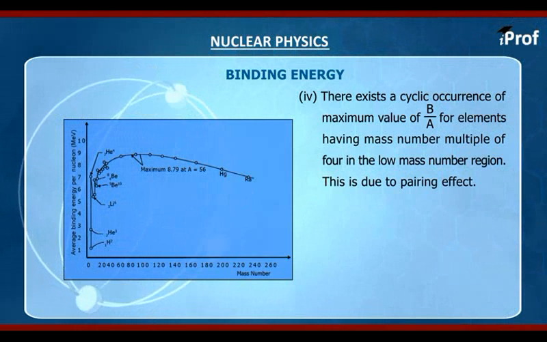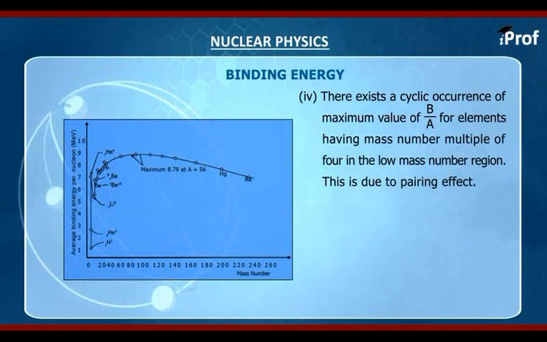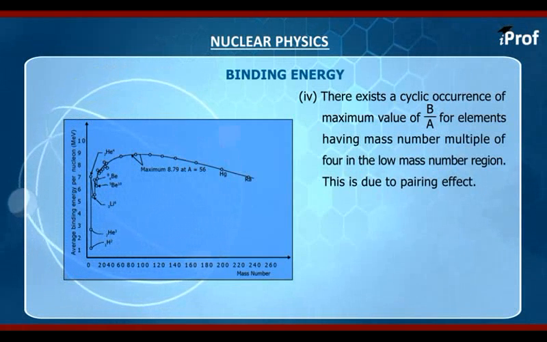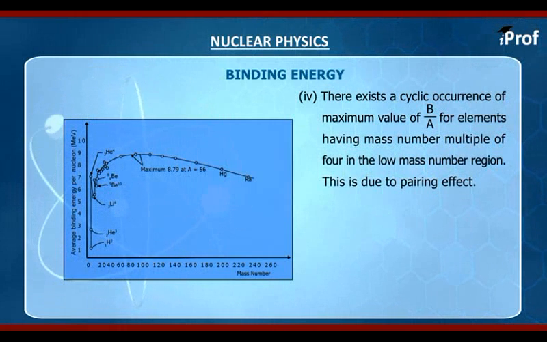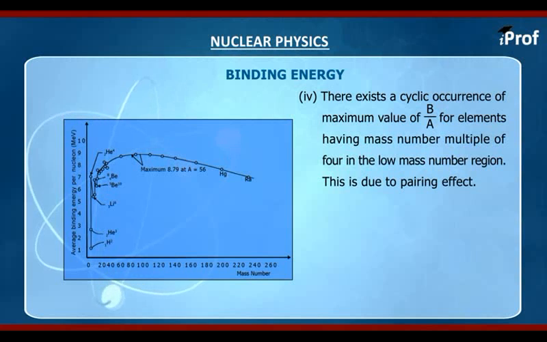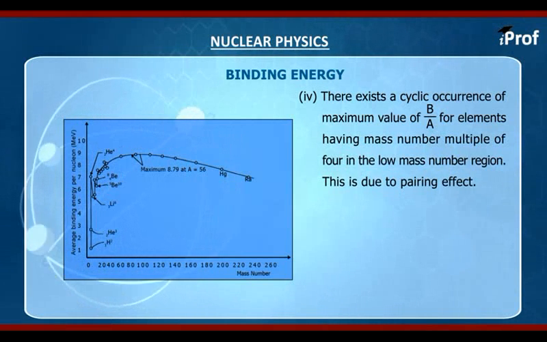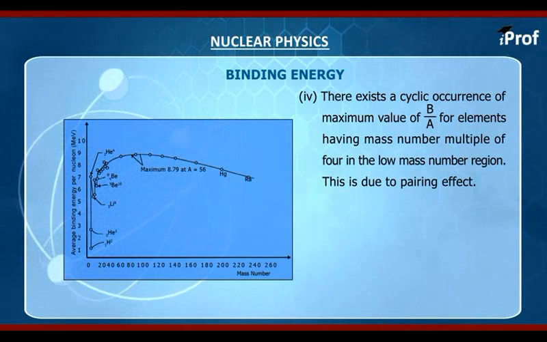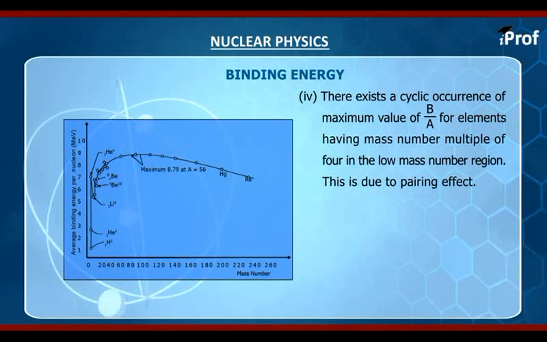Now a slight analysis of this graph will tell us why in the low mass number region nuclear fusion is energetically favorable, because when two lighter nuclei fuse together, we get a product nucleus which will have a binding energy per nucleon more than the fusing nuclei.